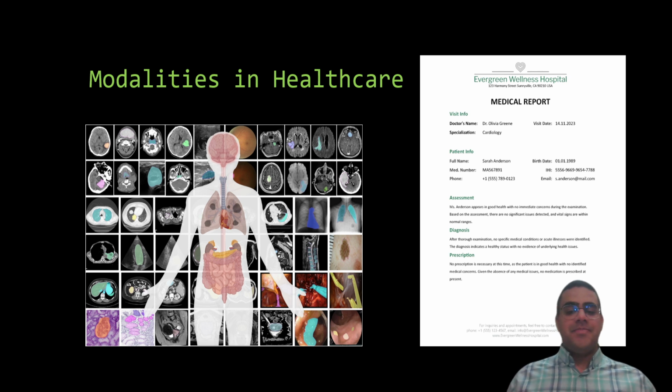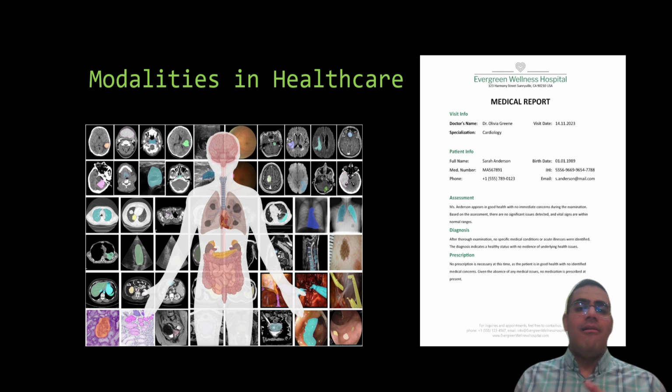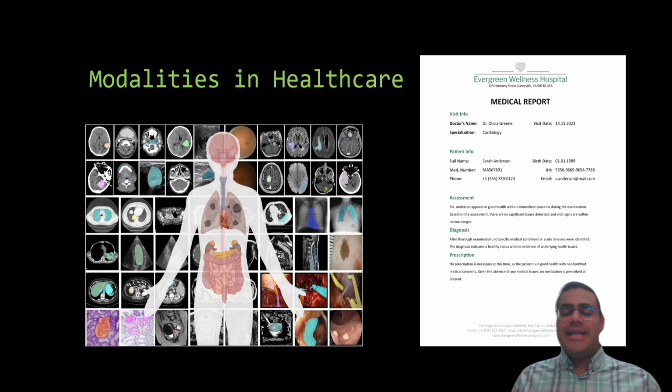So it is very important to have a machine learning or a deep learning model that is able to handle all of these different modalities, the text, the images, and the tabular data or different other kinds of modalities at the same time, simultaneously, like the doctor does.